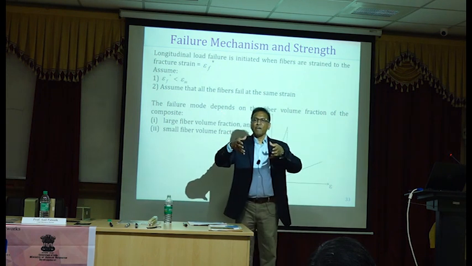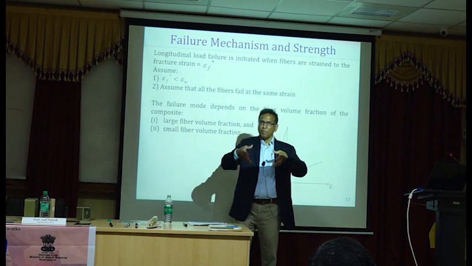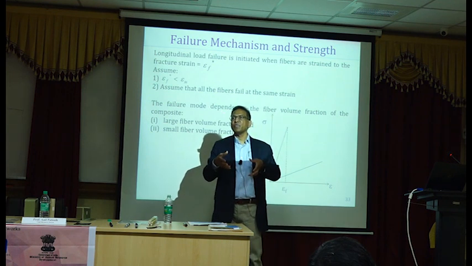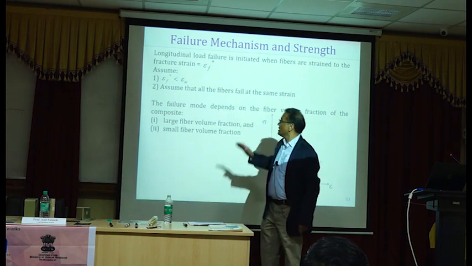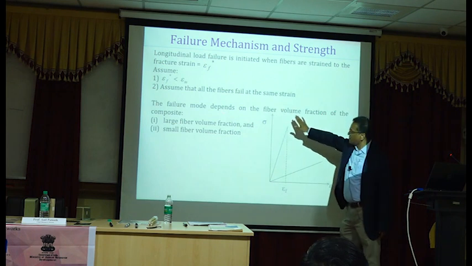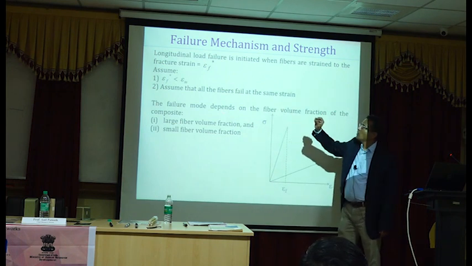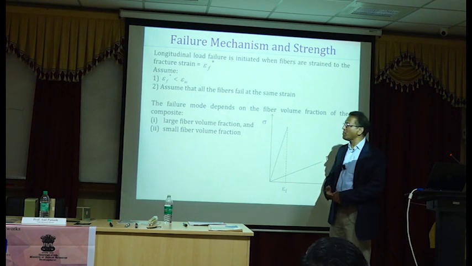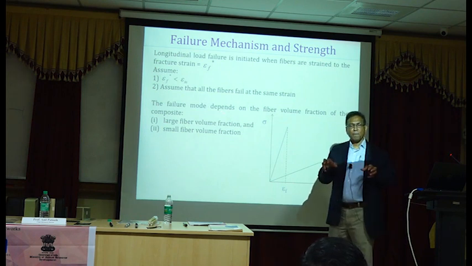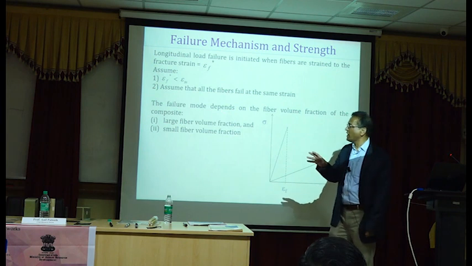Therefore, if you have minimum reinforcement, it will not allow the concrete to fail in a brittle manner like a plain concrete beam. Okay? Similar to that, for composites, we have a minimum amount of reinforcement or fiber needed to prevent brittle failure of the matrix.